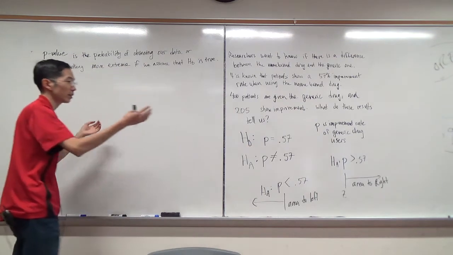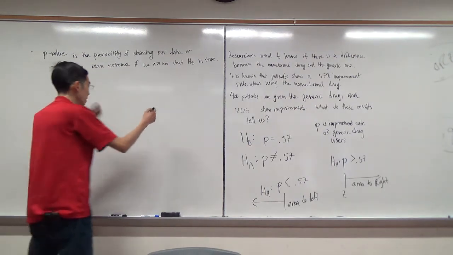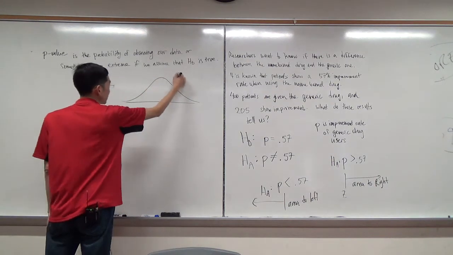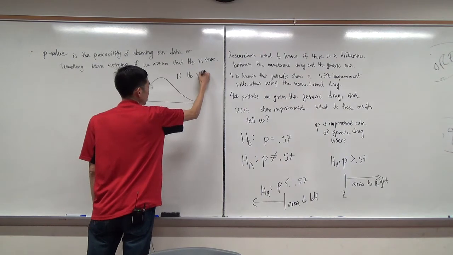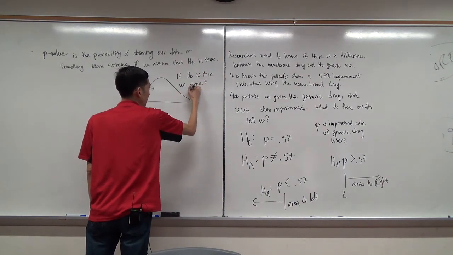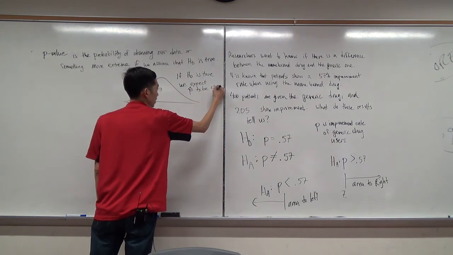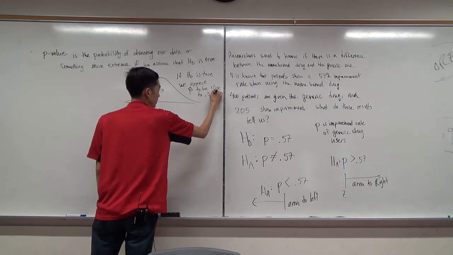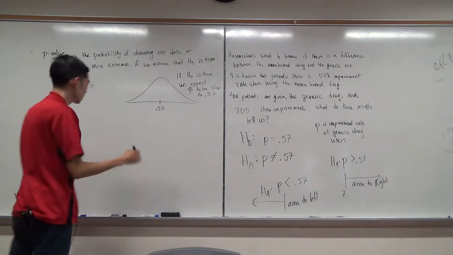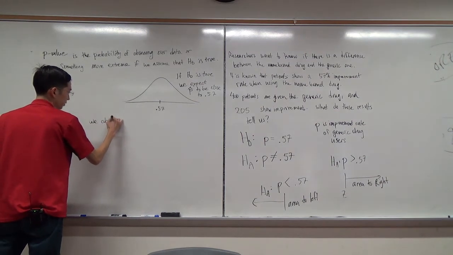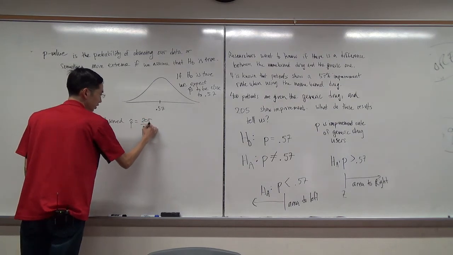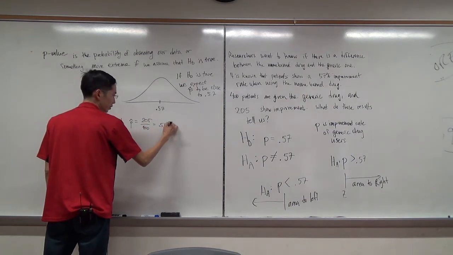And that's why we have a two-tailed test, because technically, if the null hypothesis is true, we expect p hat to be close to 0.57. So 0.57 goes in the middle, and what we observed, okay, we observed p hat equal to 205 over 400, so 0.5125.